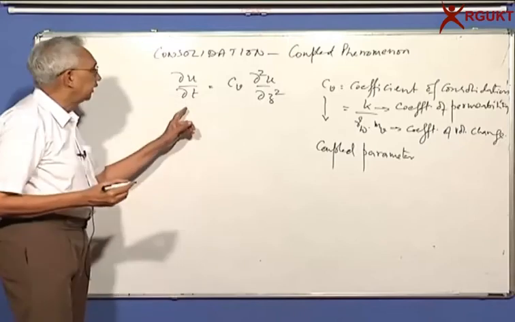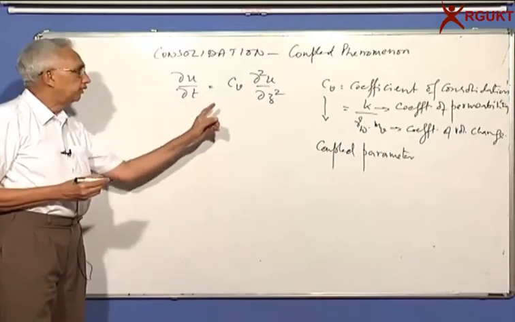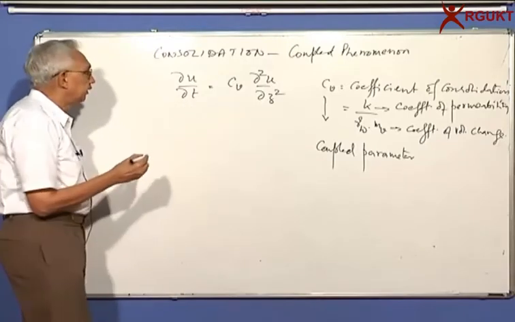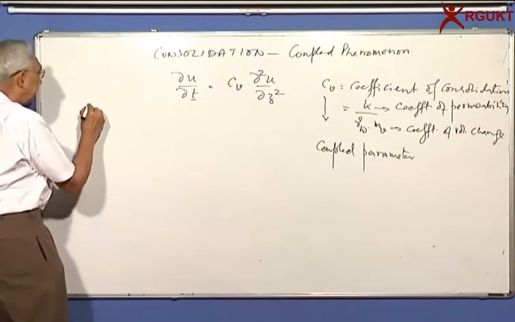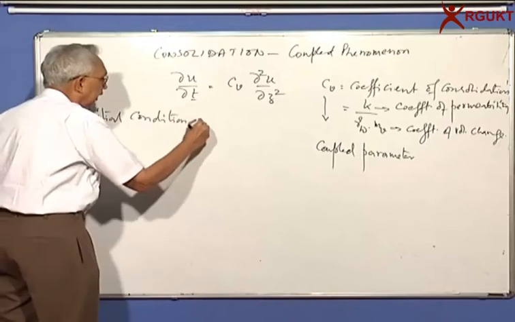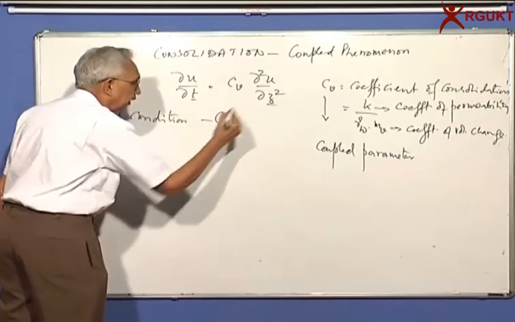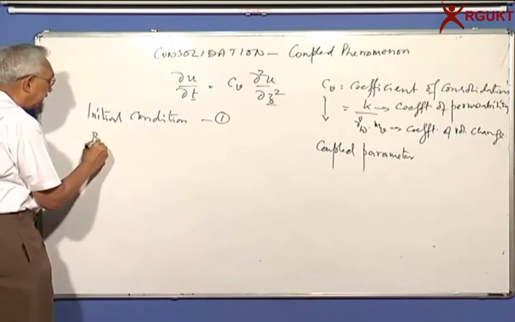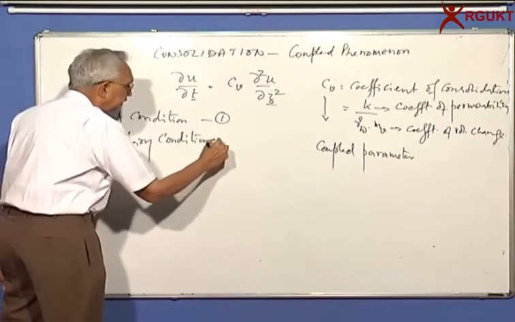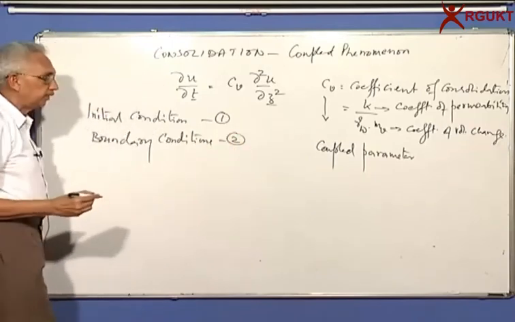Now you have seen that this is a second order partial differential equation. There's a derivative with respect to time t, which means I need an initial condition, one equation, and we have a second derivative with respect to z, so we have boundary conditions. I need two of them. And how do we satisfy?